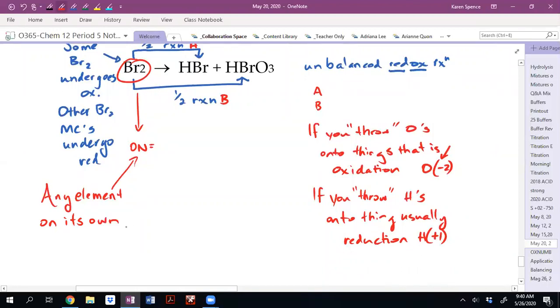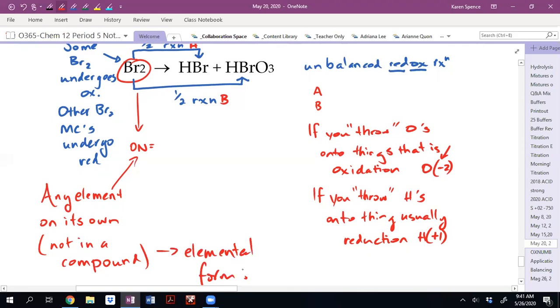Any element on its own, and Br2 is on its own here, right? There's no other element. So if I say not on its own, I don't mean that it's just a Br. It could be Br2. It just means it's not in a compound. We call that its elemental form because it is simply the pure element. Okay, and the oxidation number for any element on its own in its elemental form is 0.